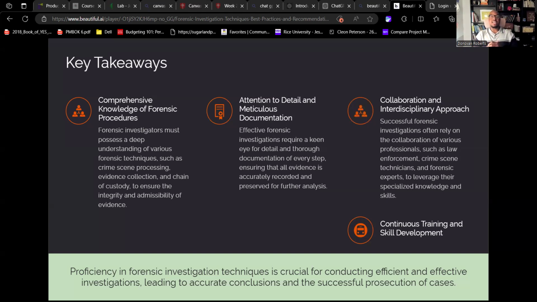Also, collaboration and an interdisciplinary approach. Oftentimes with digital forensics, and really any forensics, you're partnering up with different law enforcement agencies and things like that. You need to be able to collaborate with a number of different individuals and entities to make sure the process goes smoothly. And then, of course, continuous training and skill development.